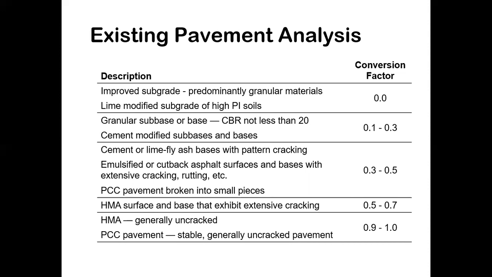Again, as a designer, I would rather go with the middle values or average values of this table. For instance, for an uncracked HMA, I will go for 0.95 instead of taking 0.90. This is just, again, the guidelines.